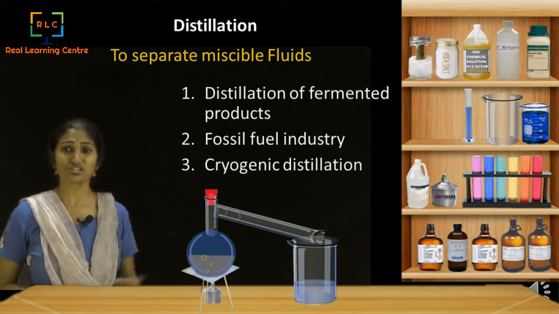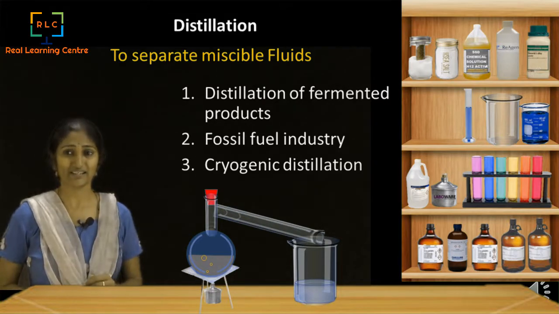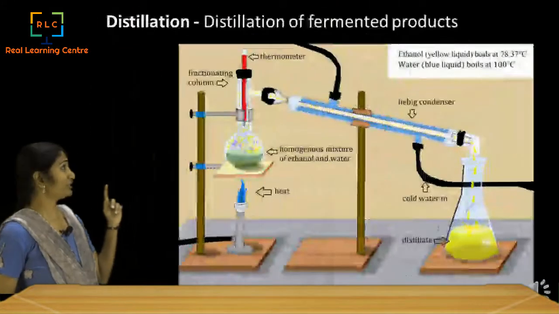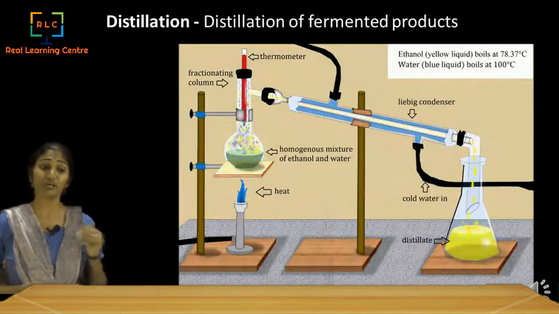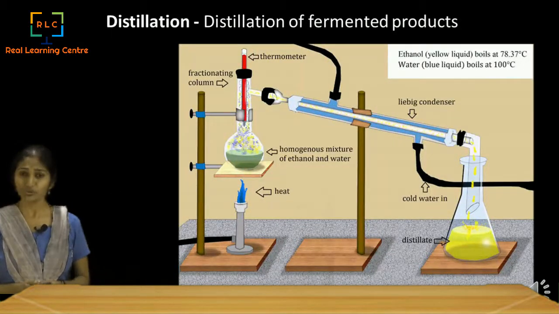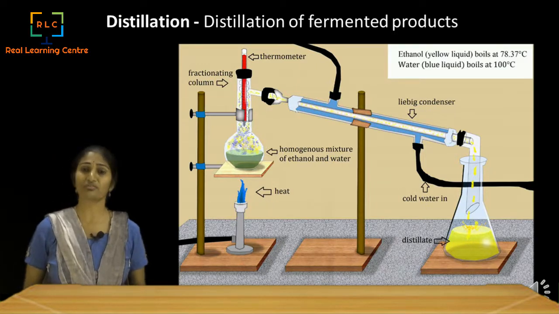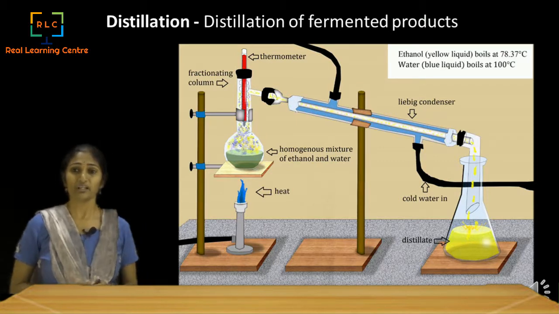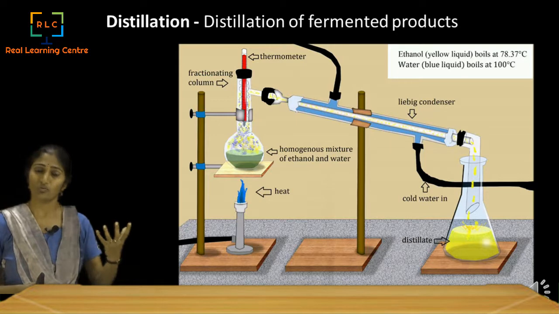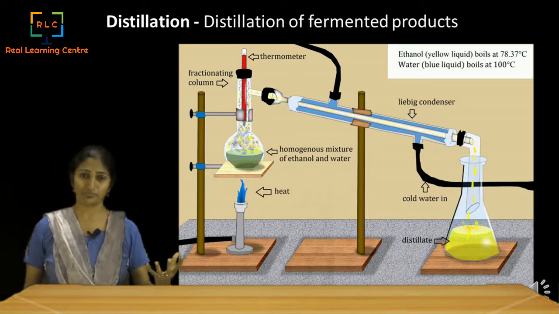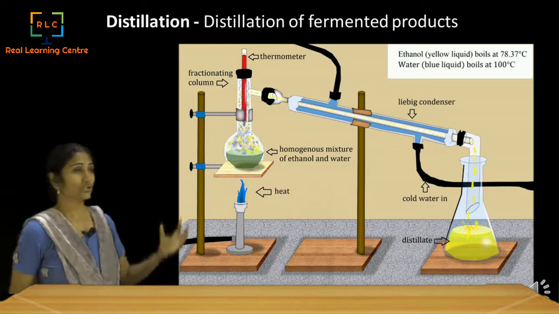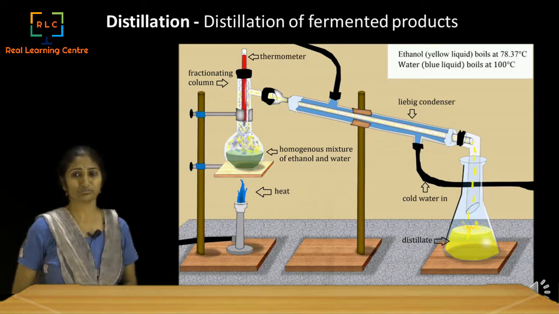One of the industries which uses this is when we need to distill fermented products. You know that whenever we have a fermented product, there is always formation of alcohol or an acid. Now, if I have to separate alcohol and water, we go for the help of distillation.